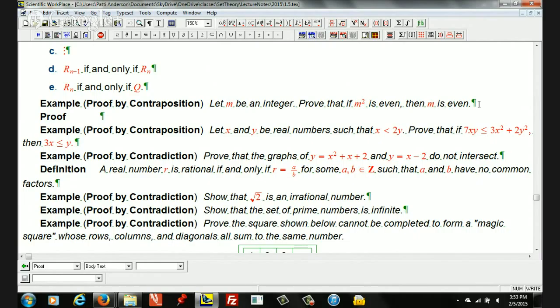So, what is the hypothesis for this? Let m be an integer. Assume m squared is even. So we have to get both of them.